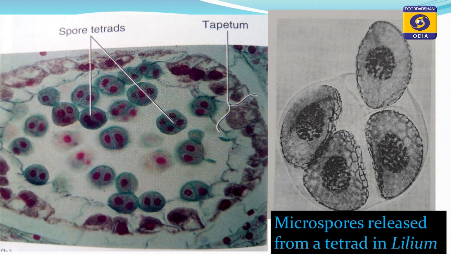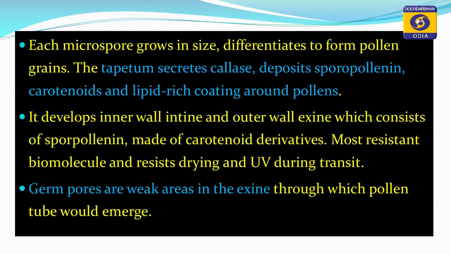That glue is callose, a polymer, and callose is dissolved or digested by the enzyme callase. Further, the callase enzyme is secreted by the tapetum. The tapetum secretes callase, which digests the wall surrounding all 4 microspores and the cementing substance in between them.